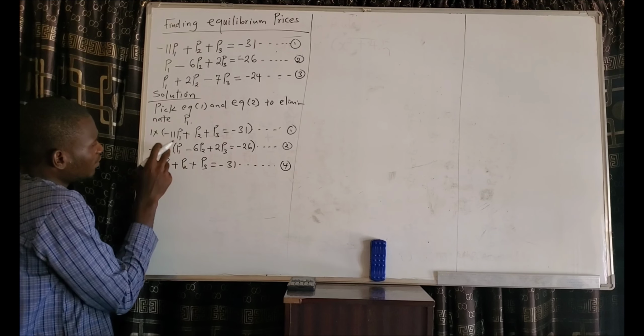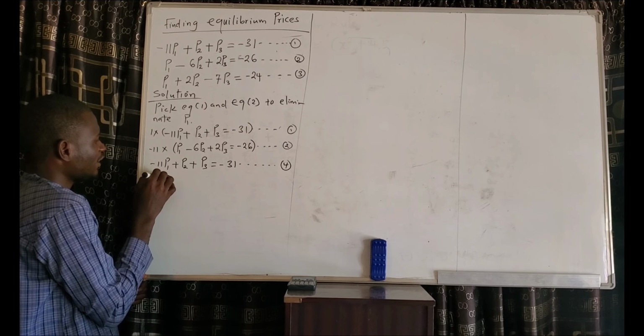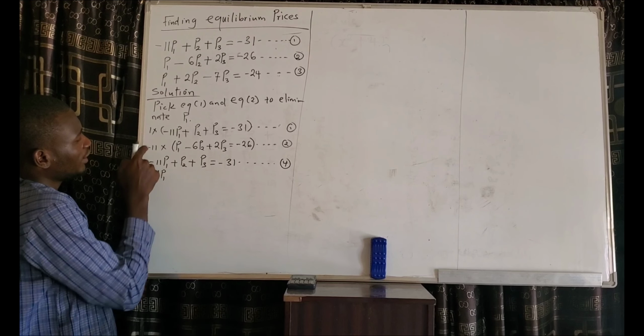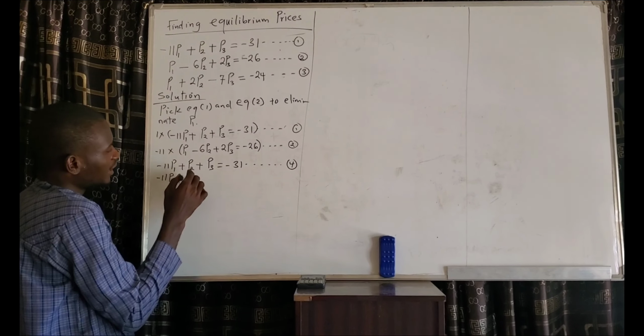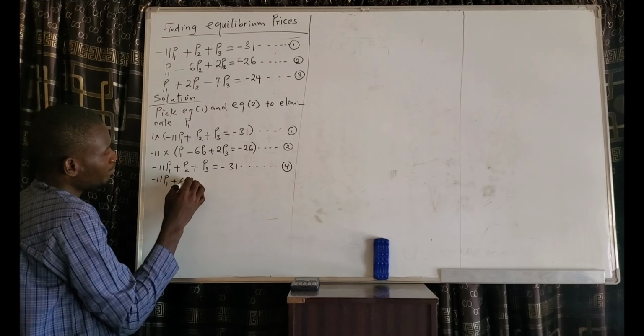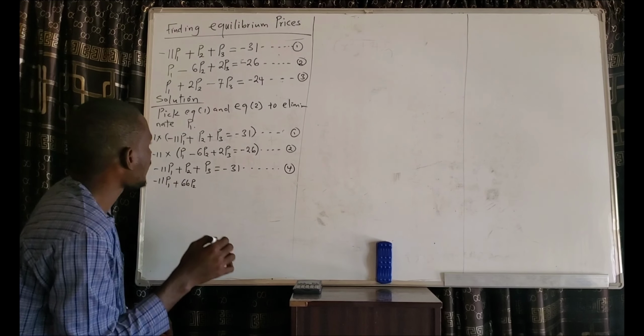Then negative 11 times P1 is negative 11 P1. Negative times negative is positive, 11 times 6 is 66 P2.